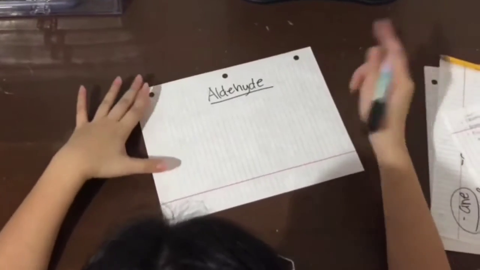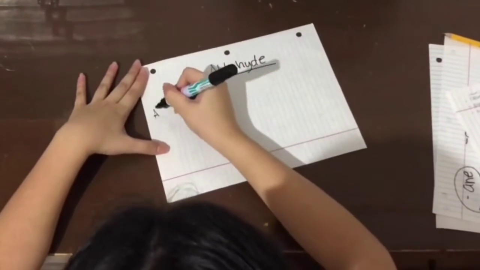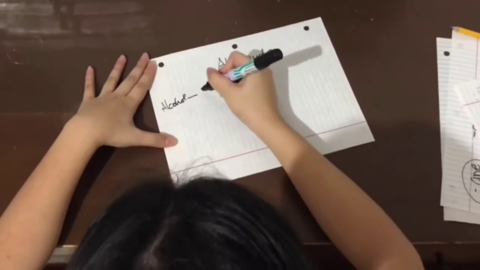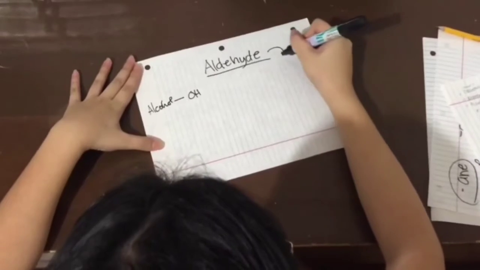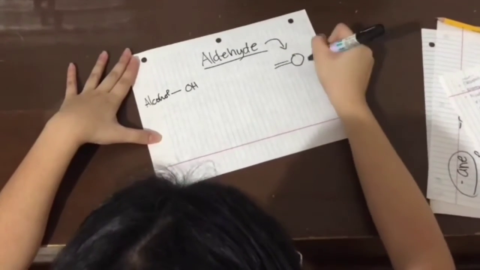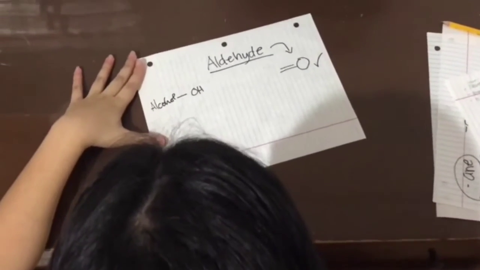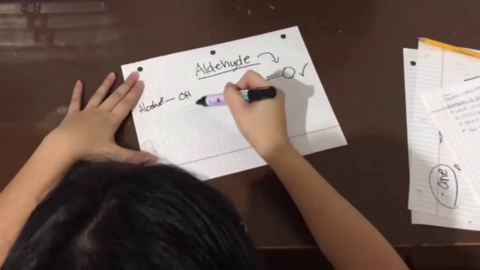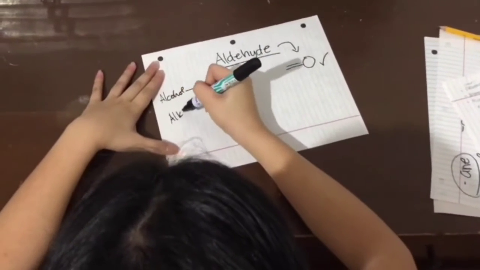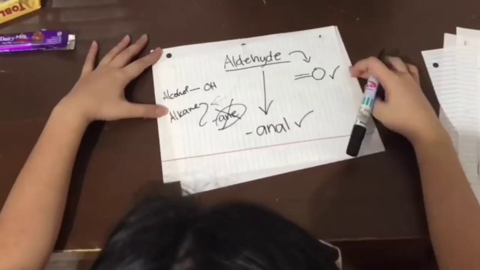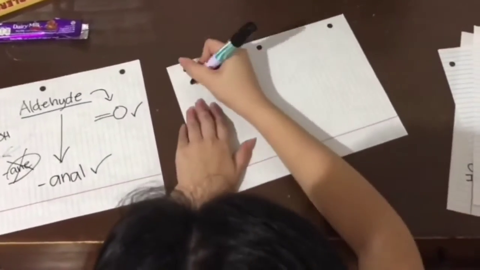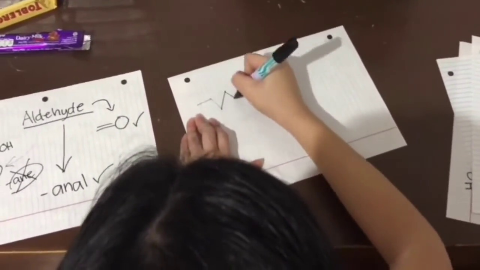In naming aldehyde, we have to take note that alcohol has OH and aldehyde has a double bond O. In naming aldehyde, if the alkane has the suffix "ane", aldehyde has the suffix "anal".